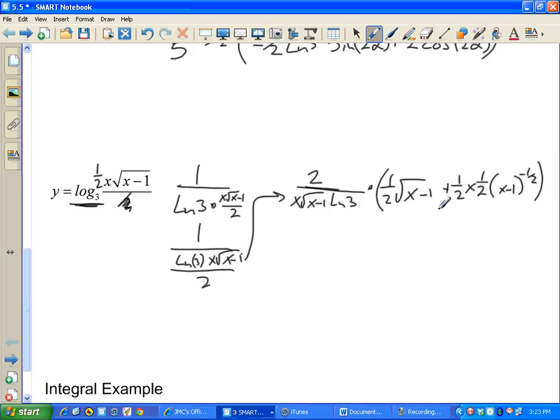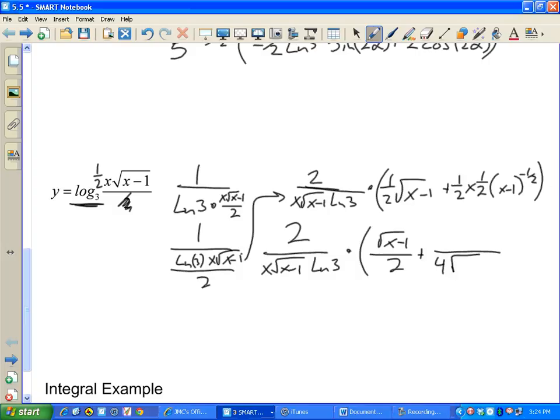So let's simplify this here. We have 2 over x square root x minus 1 ln of 3 times, I've got square root of x minus 1 over 2 plus half times a half is 4.